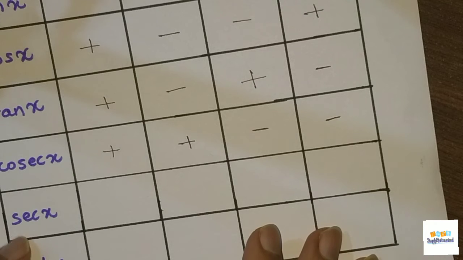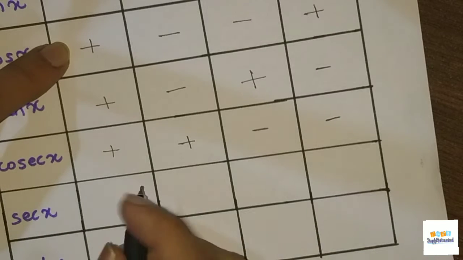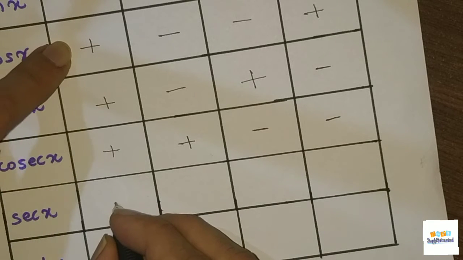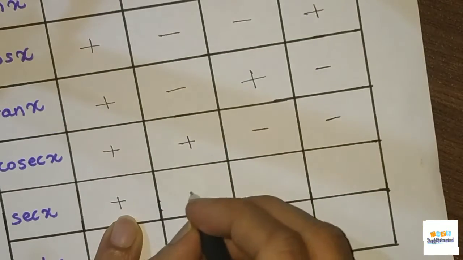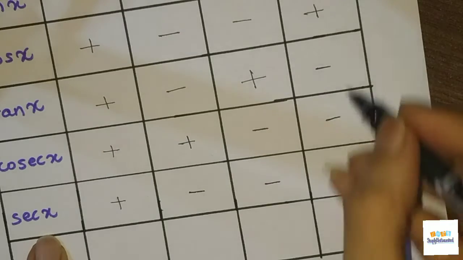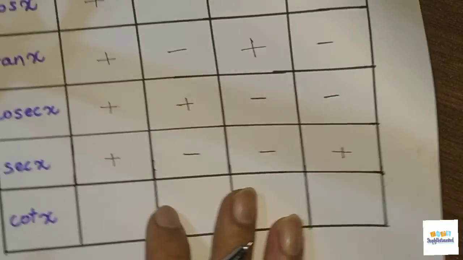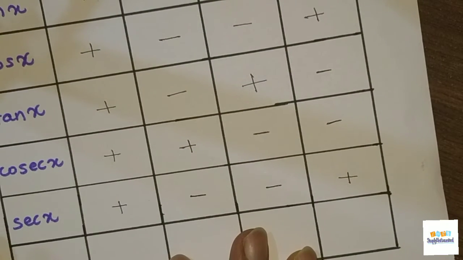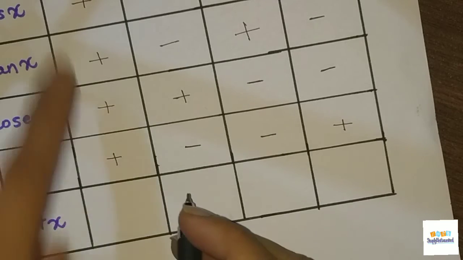Then you look at the next function, sec x. Now sec x is the reciprocal of cos x, so sec x is nothing but 1 by a positive quantity, which is a positive quantity. Again 1 by a negative quantity, which is negative, then 1 by a negative quantity, which is negative, 1 by a positive quantity, which is positive. Now cot x is the reciprocal of tan, so what will be the sign?